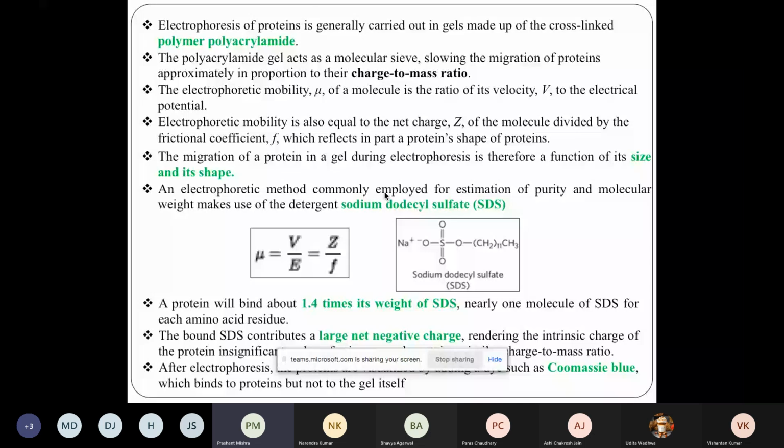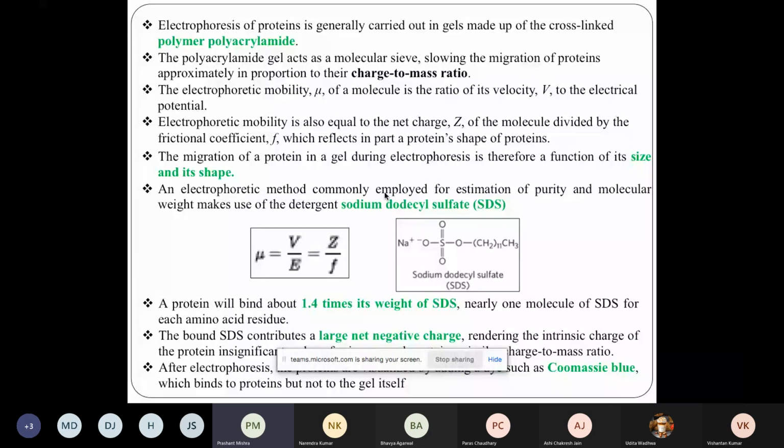Of course, if you increase the electrical field, the mobility is more. But it also depends on the frictional coefficient. If I allow a molecule to move in different matrices, because of the frictional coefficient, their movement will be different. And what else can affect the mobility?